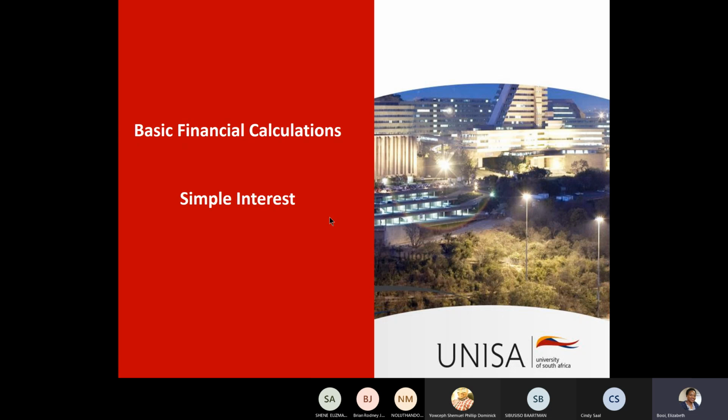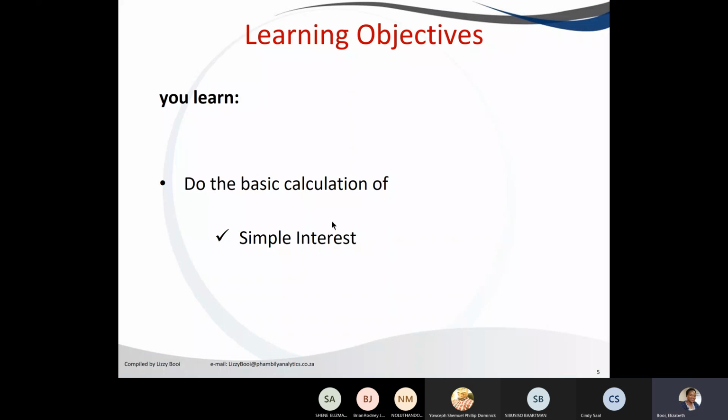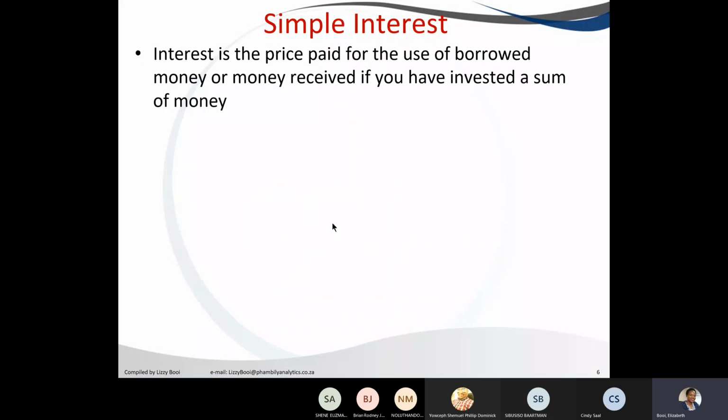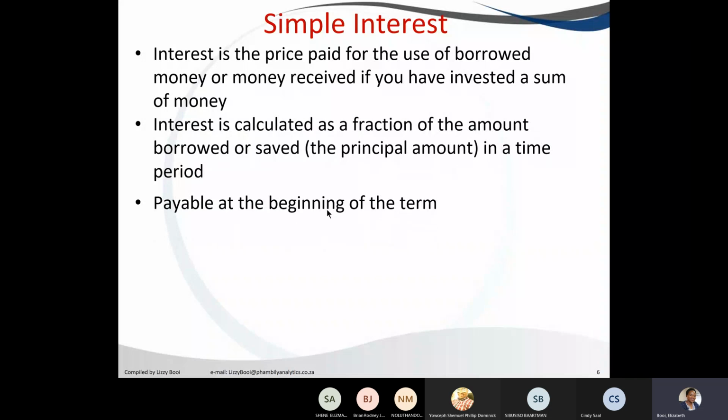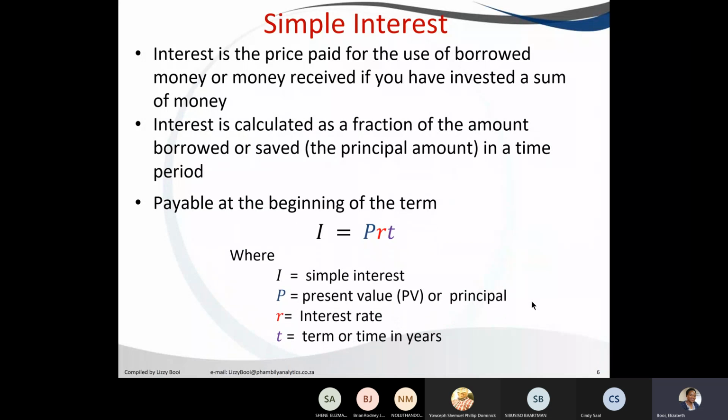And we learned how to do the basic calculations when we look at interest. With simple interest we use the formula I equals P times R times T, which is the principal amount times the rate times the period or the term of how long you're borrowing or saving the money.